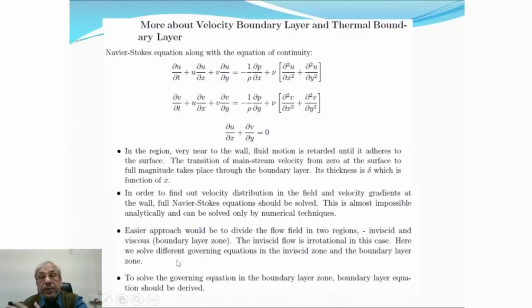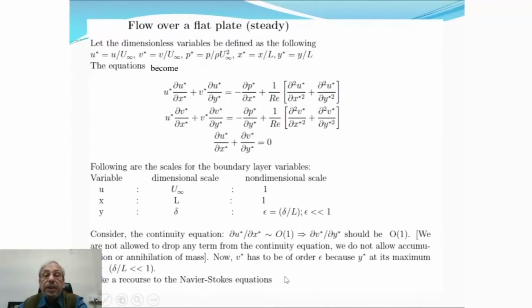In the inviscid zone, it is basically potential flow equations, but in the boundary layer we solve the boundary layer equations. To solve the governing equation in the boundary layer zone, boundary layer equations are to be derived. So here we make an attempt to derive the boundary layer equation from order of magnitude analysis.